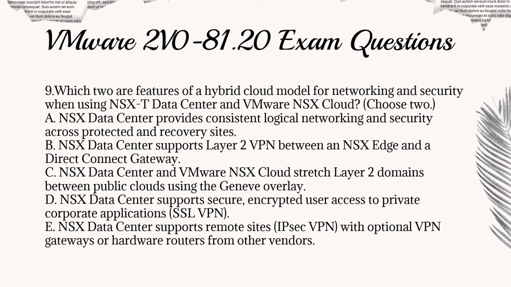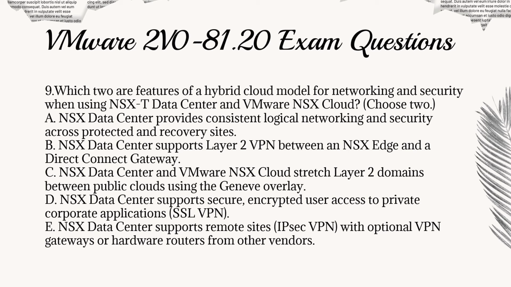9. Which two are features of a hybrid cloud model for networking and security when using NSX-T Data Center and VMware NSX Cloud? Choose 2. A. NSX Data Center provides consistent logical networking and security across protected and recovery sites. B. NSX Data Center supports Layer 2 VPN between an NSX edge and a Direct Connect gateway.